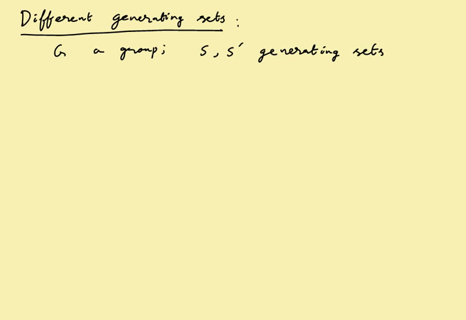But more seriously, for different generating sets we got different metric spaces. We have already seen that the word metric and the Cayley graph are quasi-isometric. In fact, K could be taken as 1 in that case, since we have an isometry.